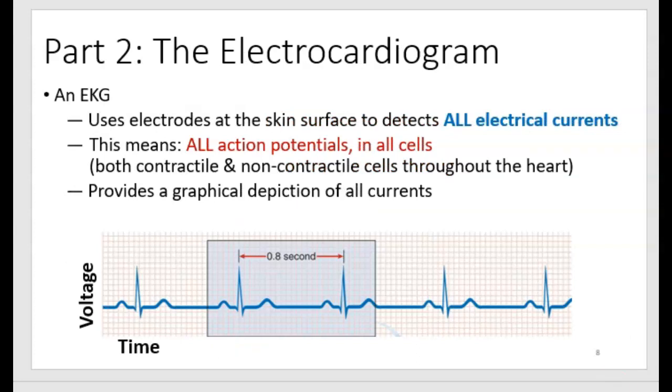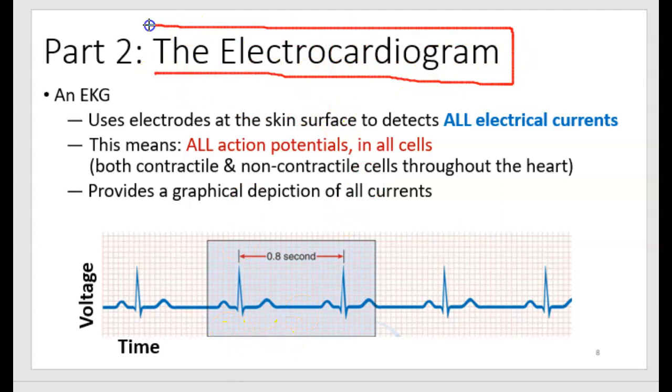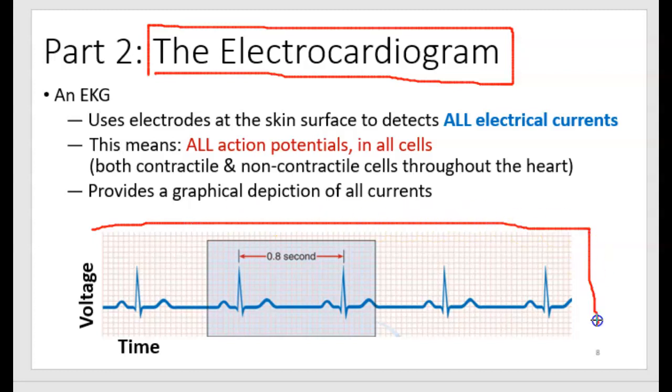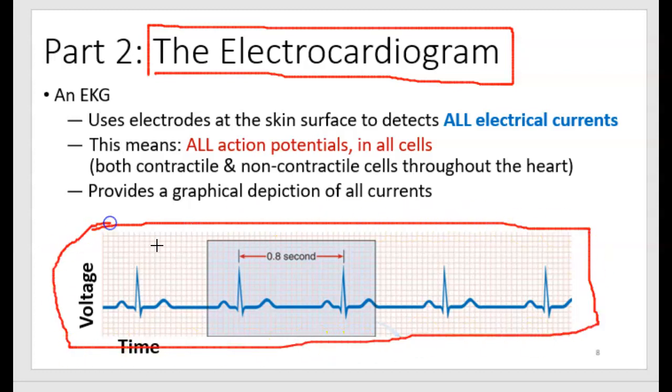Now we're going to look again at electrophysiology, but this is going to be a much bigger picture topic. This is the second topic of the lecture, and it's analyzing the electrocardiogram, or ECG. Many of you have seen these ECG tracings before, if nothing else on television. And you see these little blips, these peaks.